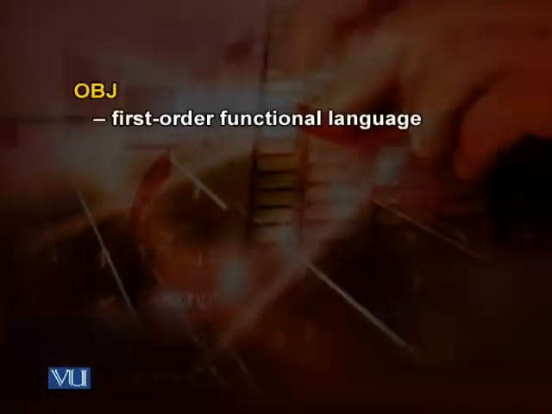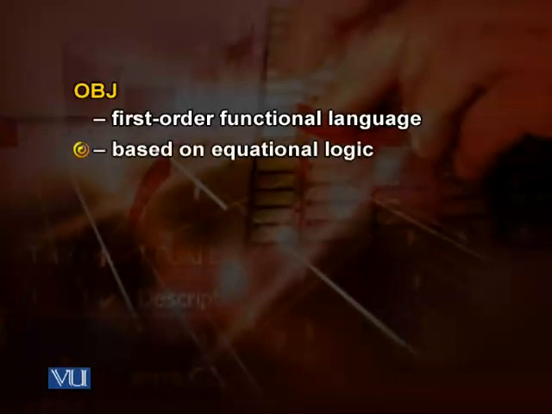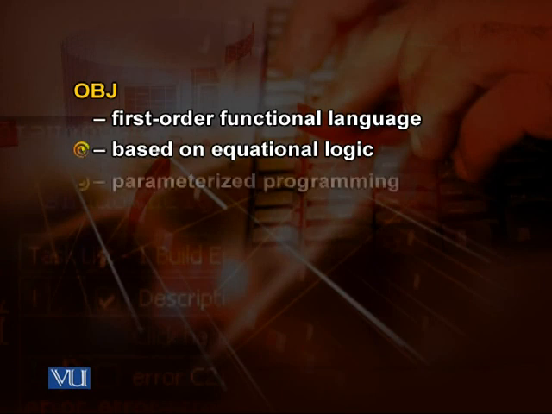First, we look at some definitions, some basic characteristics, and then we will elaborate those characteristics. So let me take you to the slide. OBJ is a first-order functional language. It is based on equational logic, and we shall talk about equational logic. It supports parameterized programming.